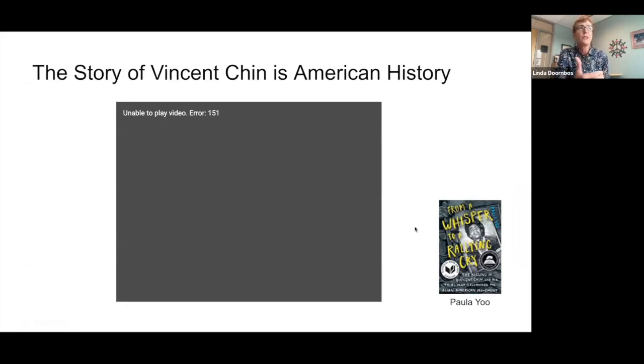But many of my pre-service teachers coming to class actually go past the Vincent Chin Memorial marker of where he was actually killed. And this is a fascinating book that just came out recently for adults, From Whisper to a Rallying Cry. It tells the story in a very intriguing way, by the reporter who was working on that story.